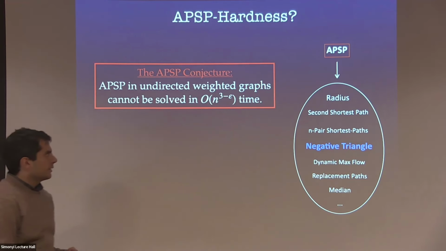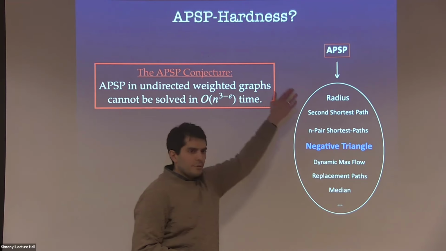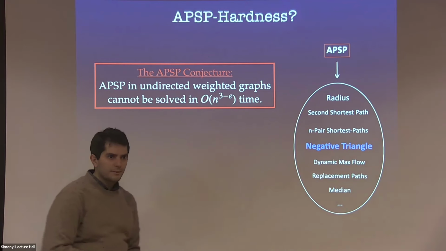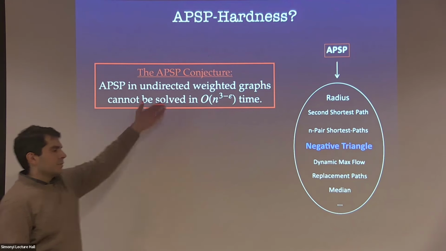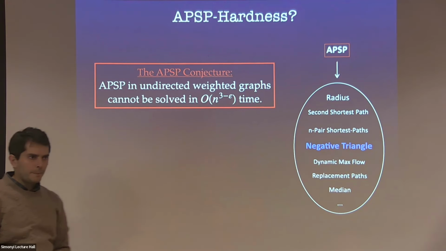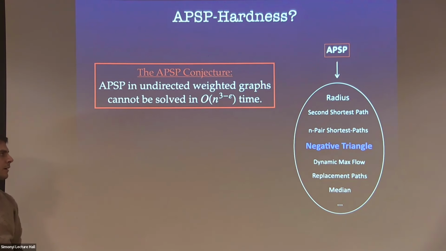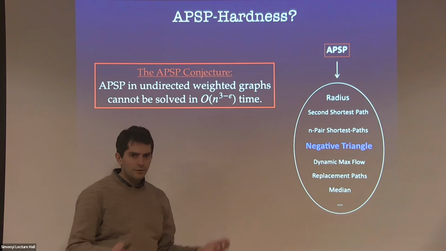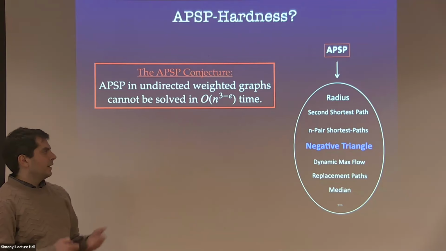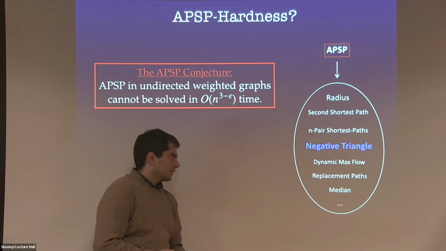Importantly for us, all pairs shortest path is one of these core problems for which there is a conjecture. The conjecture says that you cannot beat the cubic bound for APSP. Under this conjecture, there are reductions and conditional lower bounds for a lot of basic graph problems, even very, very simple ones.